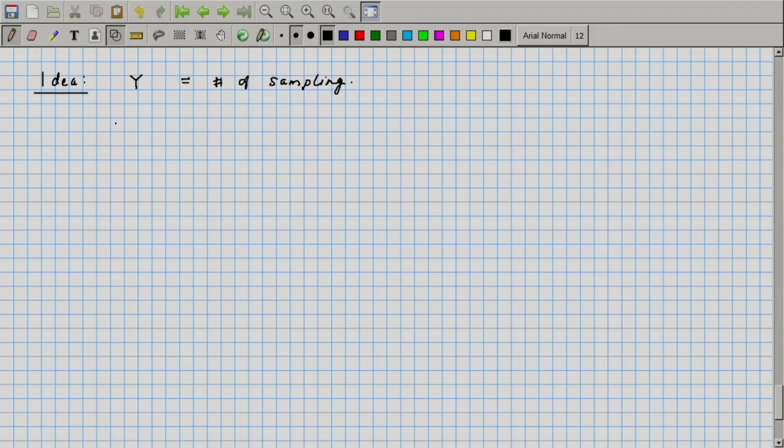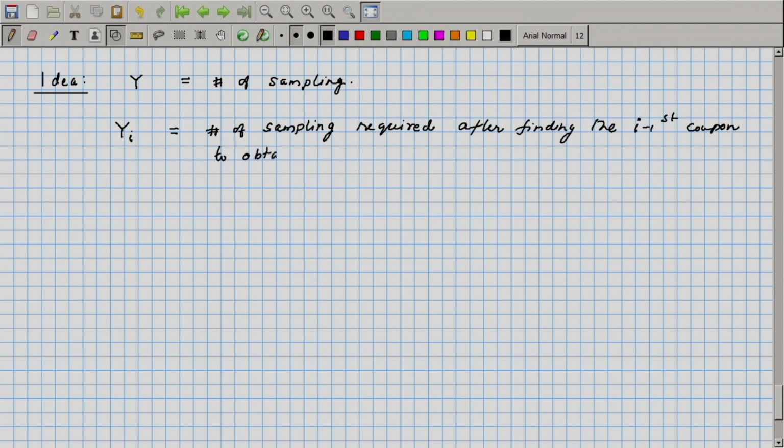So, that we can think of as a geometric random variable, and the sum of these geometric random variables one can easily compute. So, let us introduce some new random variables. So, yi, let us define to be the random variable, which denotes the number of samplings required after finding the (i minus 1)th coupon to obtain the ith coupon.